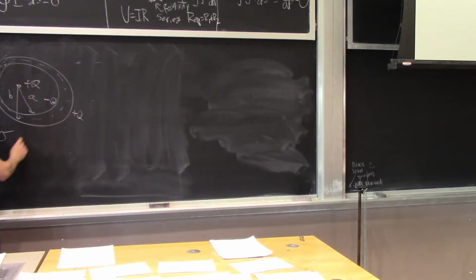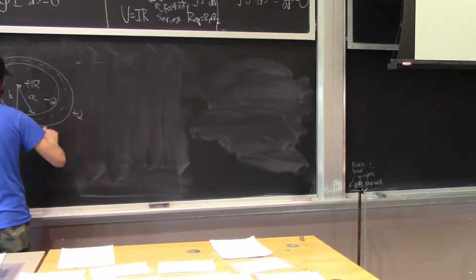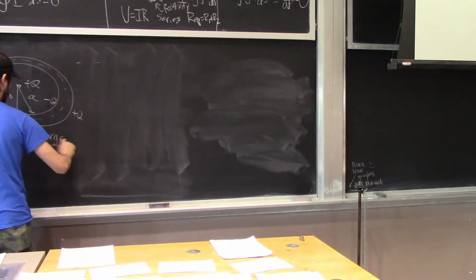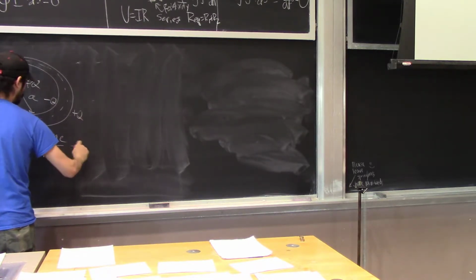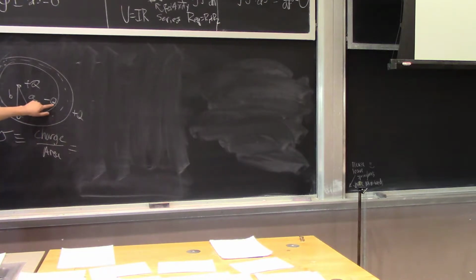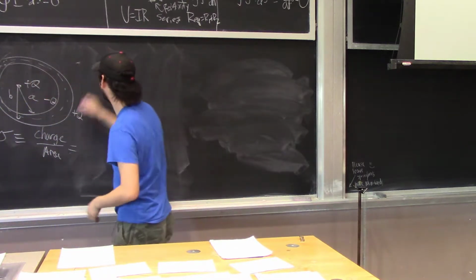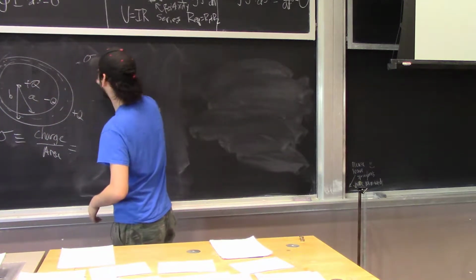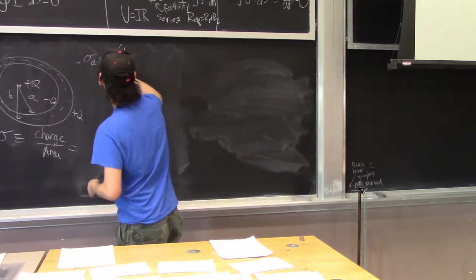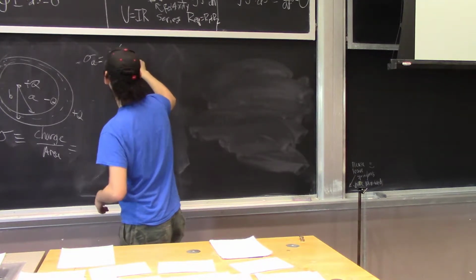It's not rho. So sigma, by definition, is the charge per area. And this is just to say, well, what's the charge spread on the inner radius here divided by the total area? So if I wanted to find what sigma_A was, sigma_A is just going to be minus Q divided by 4 pi times A squared.